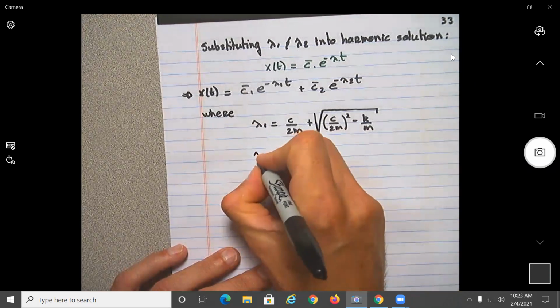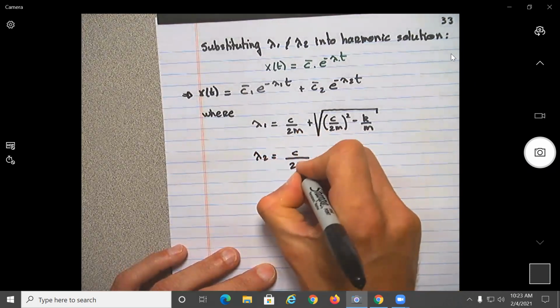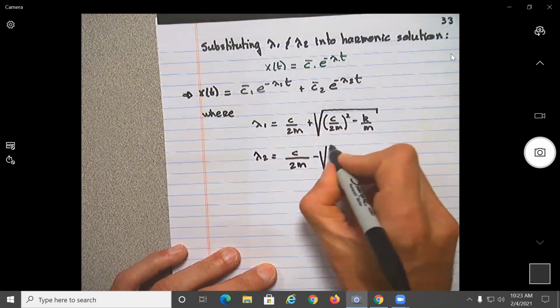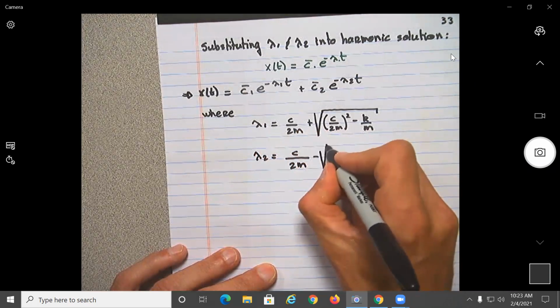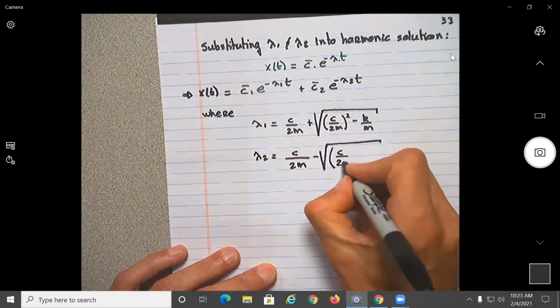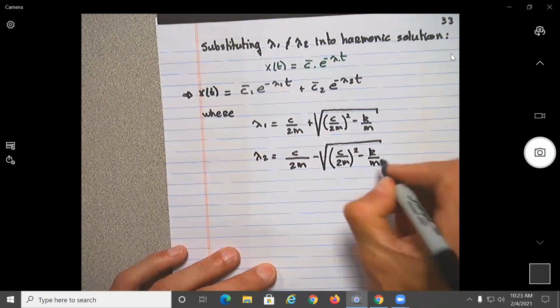And lambda 2 would just be the same thing, but with a minus sign: C over 2m minus square root of C over 2m squared minus K over m.